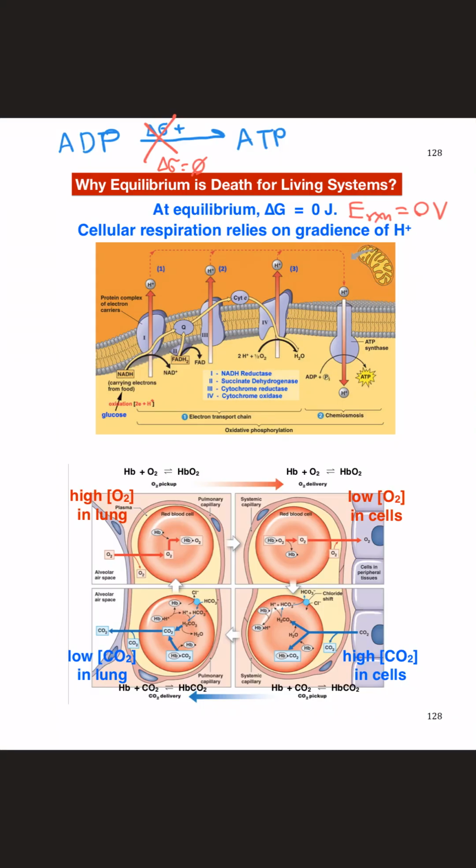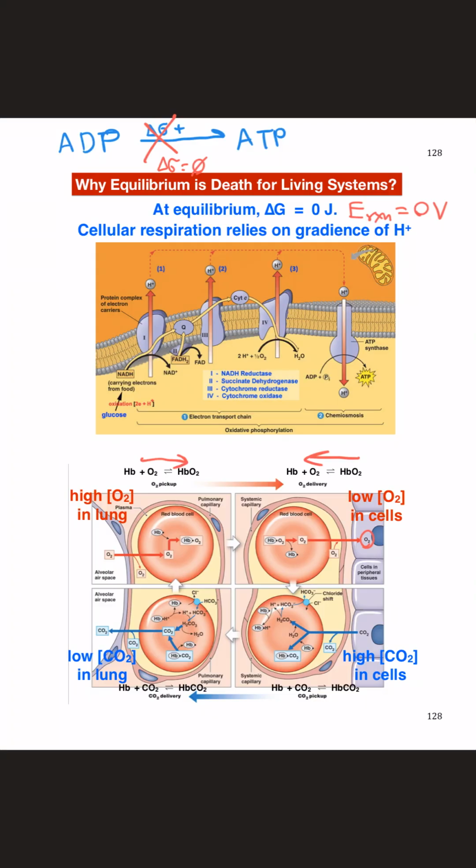So in the lung, the reaction would be shifting forward to produce more of the hemoglobin oxygen complex. But in the cell, the hemoglobin oxygen complex will be released, which means it's going to shift in the reverse direction to release the oxygen and supply the oxygen to the cell.